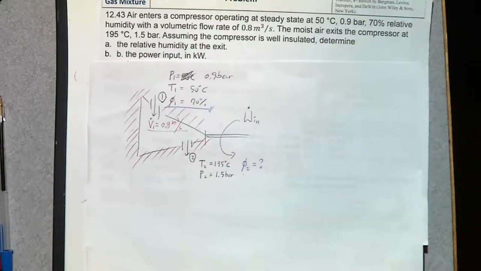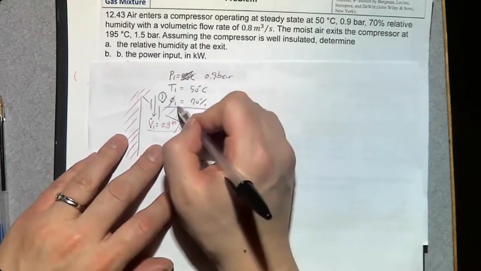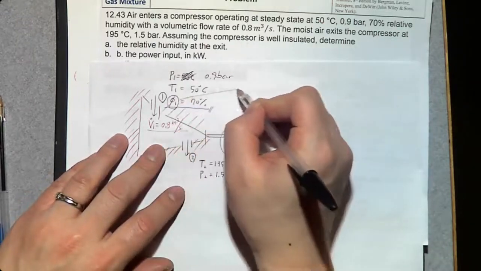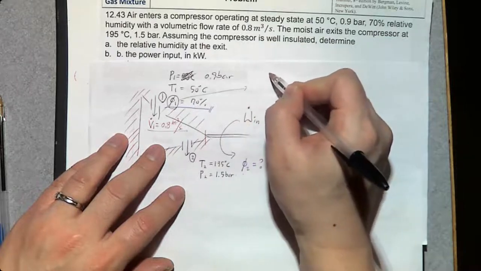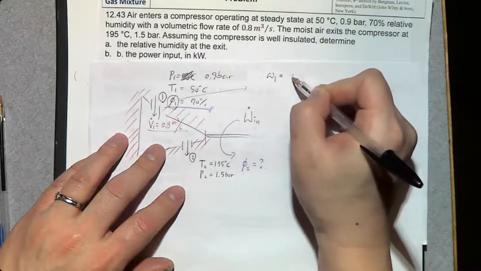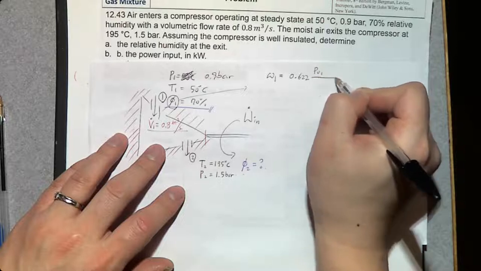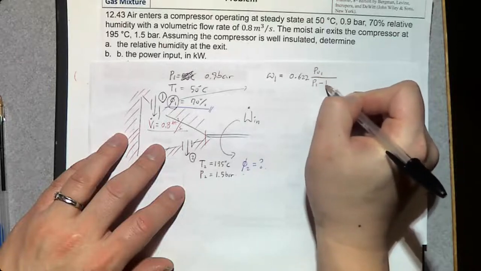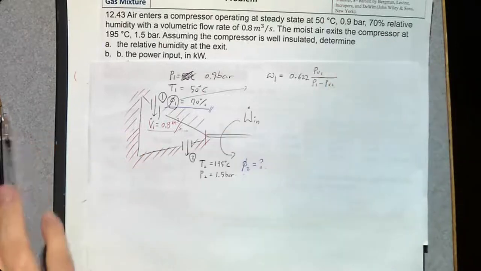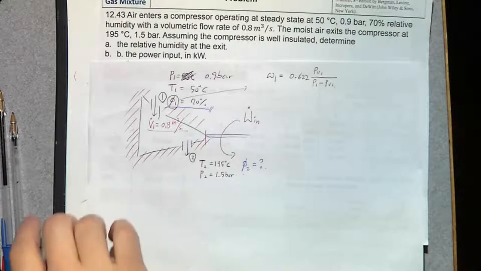So let's do that. To use this relative humidity in our equation, we need to calculate humidity ratio omega. Humidity ratio omega is 0.622 PV1 over P1 minus PV1. And in this equation, we do not know PV, so we are going to calculate PV from the relative humidity.